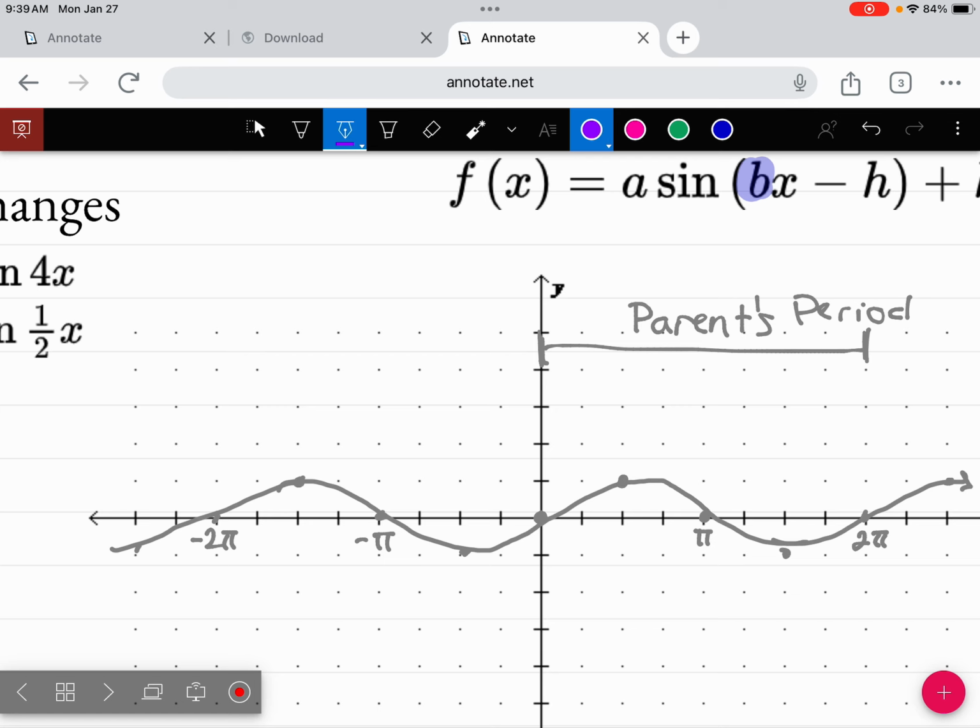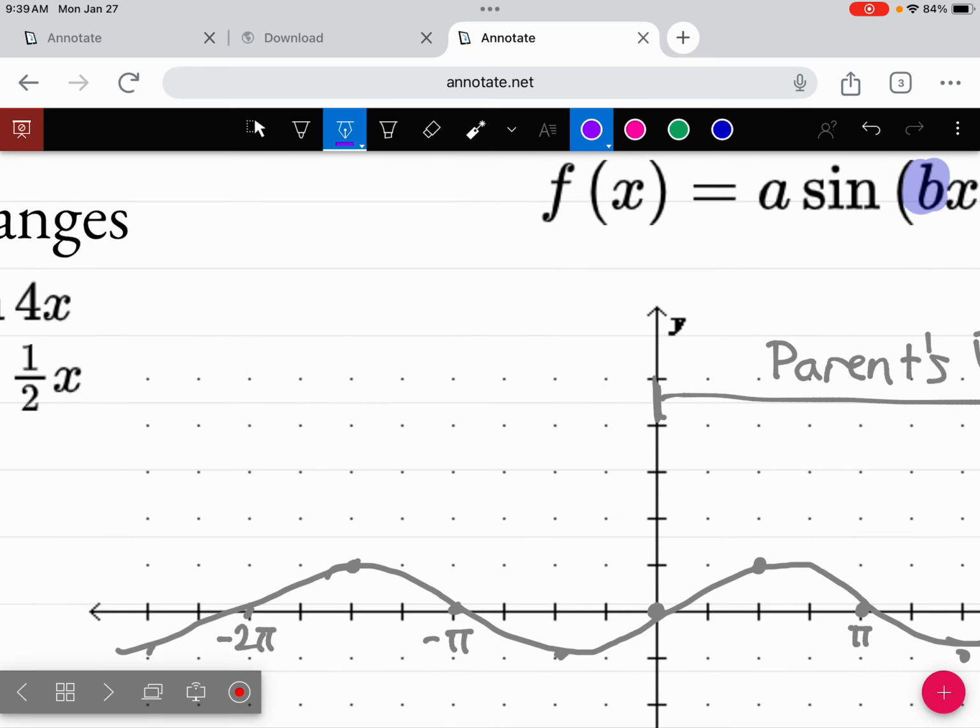To find our new period, we take that whole cycle, our parent period of 2 pi, and divide it by the absolute value of B. It should only give us positive values, but just in case, doing it as the absolute value is a good idea. I don't know that we are ever given a negative B value, but it's there just in case.